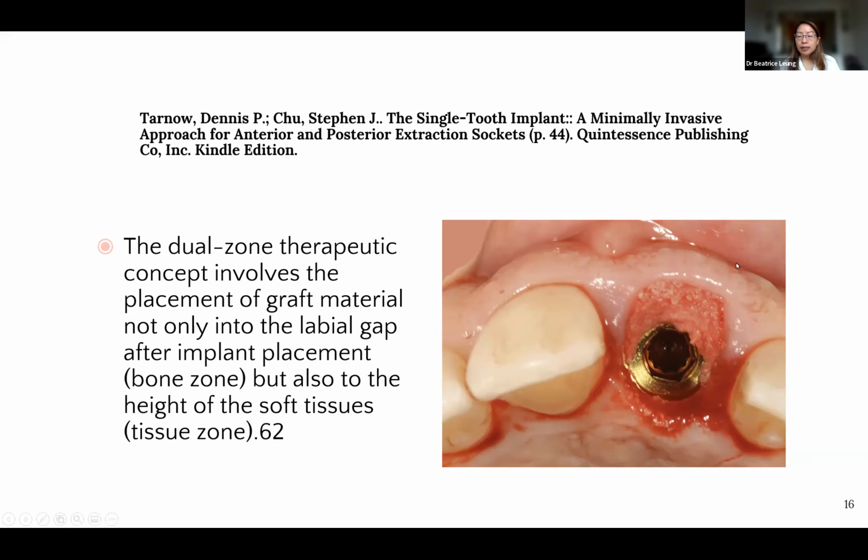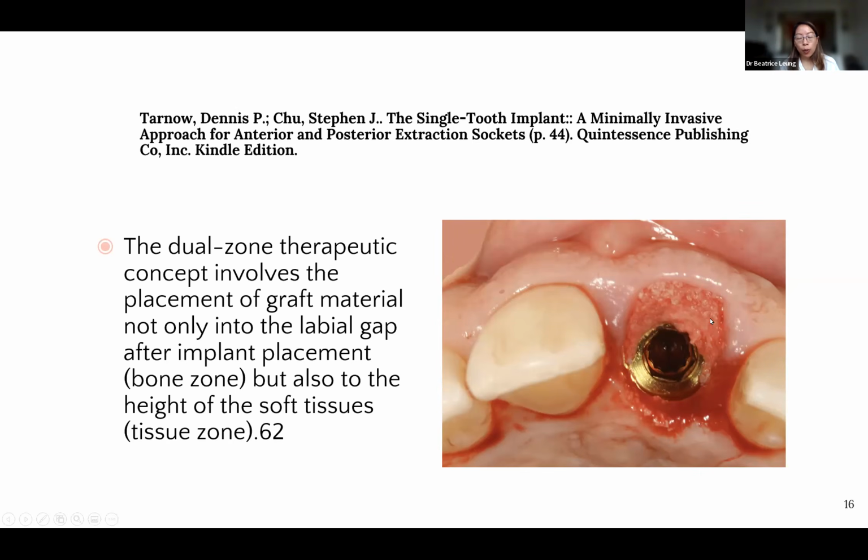In some cases, as we know, if you study bone grafting enough, if you have the buccal plate, putting bone grafting material doesn't necessarily help with preservation of the bone because you have enough bone to begin with. But what this dual zone technique helps is to preserve the soft tissue, which is critical when you're looking at the anterior area for soft tissue aesthetics.